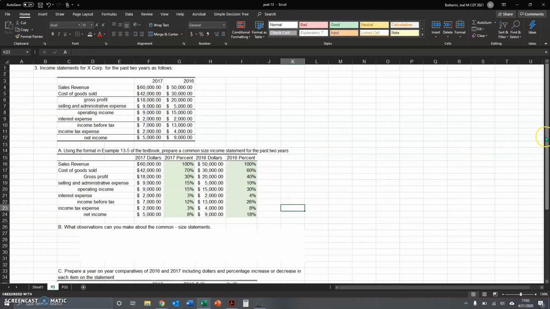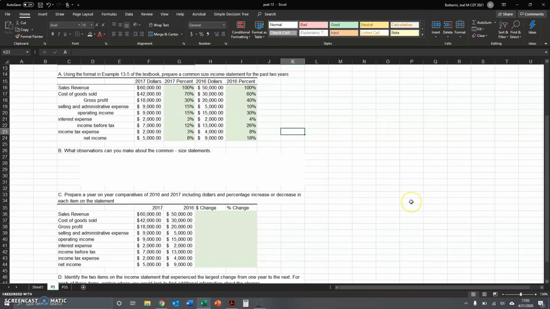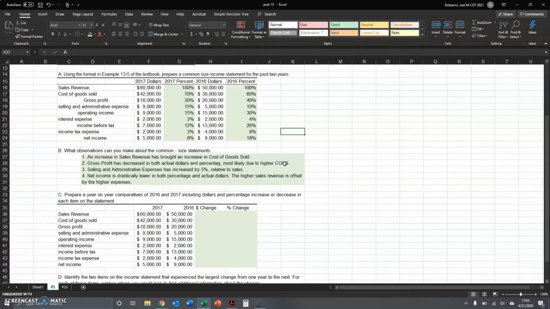The next part of the question is to make observations based off of the common size income statement we just created. Right away, looking at the chart, we can see that sales revenue has jumped up from $50,000 in 2016 to $60,000 in 2017.